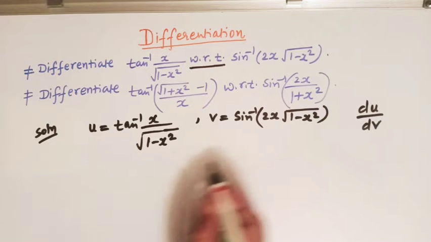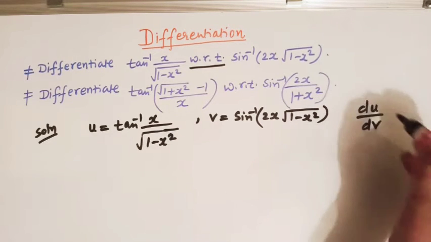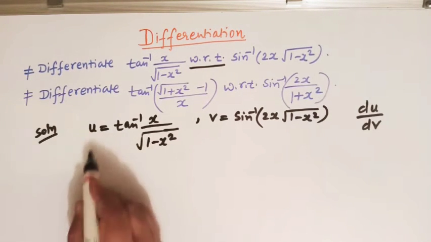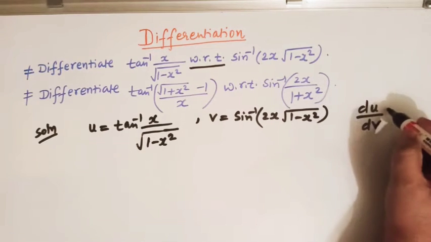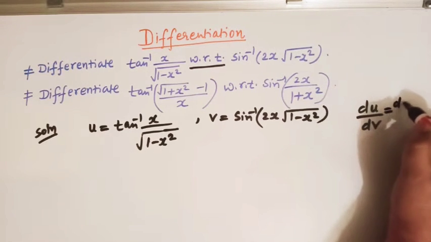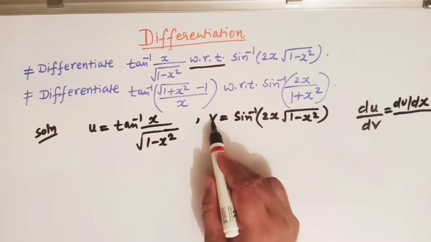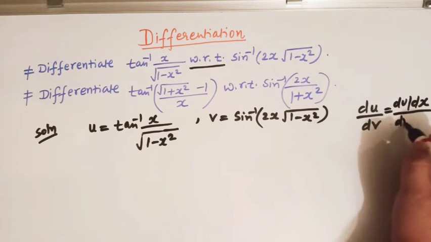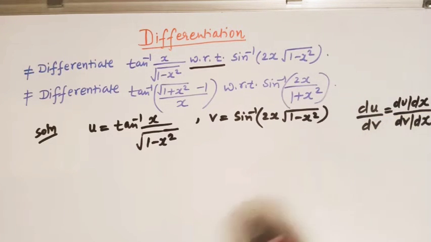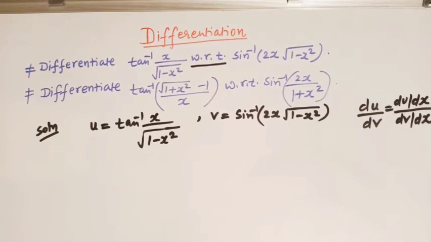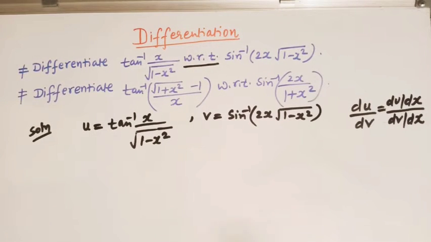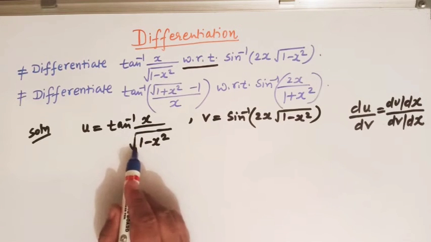Now what we will do, first we'll find du over dx. It means here we'll have du over dx, and then we'll find dv over dx, right? Okay, so yes, here we have this function, that is u equal to tan inverse x over square root of 1 minus x square.